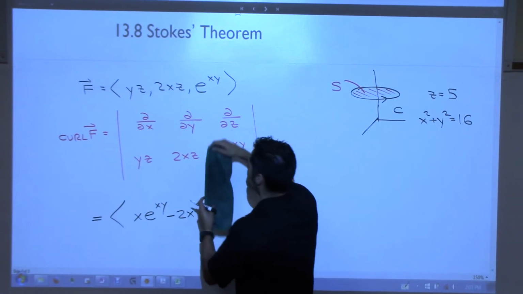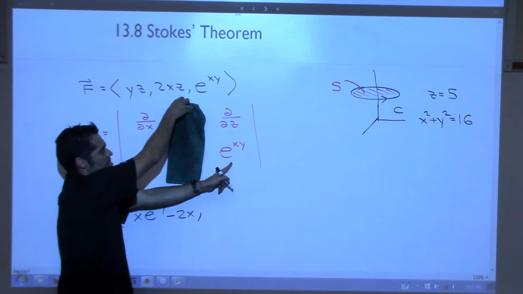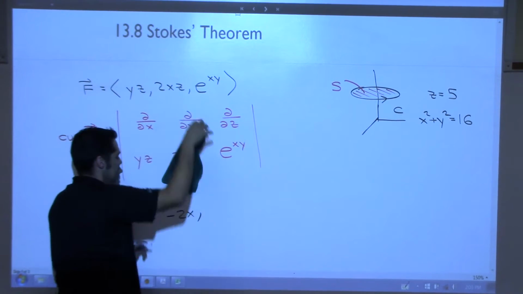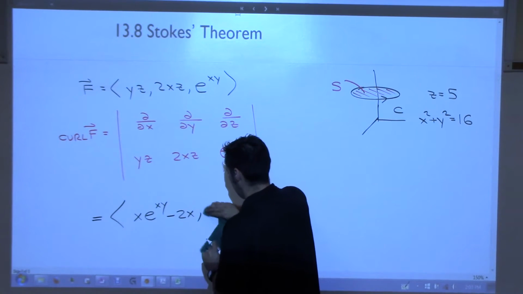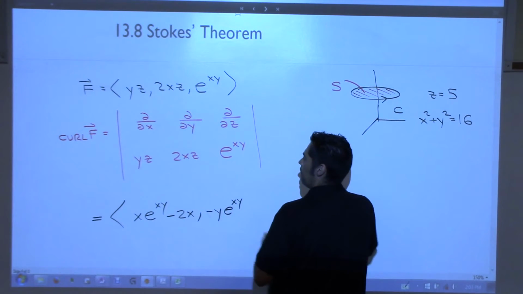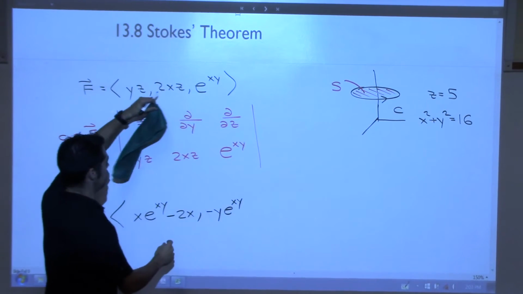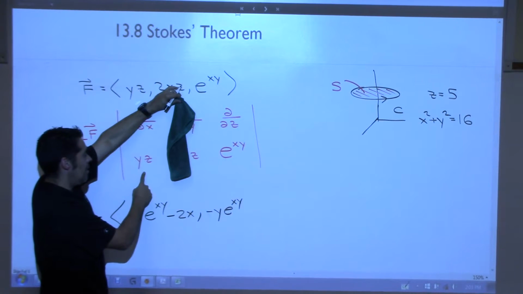All right, good. Partial with respect to x of this is y e to the xy, but negative, right? Because it's the j. And then, here to here, I get y, but it's supposed to be minus, but then it's subtracted.